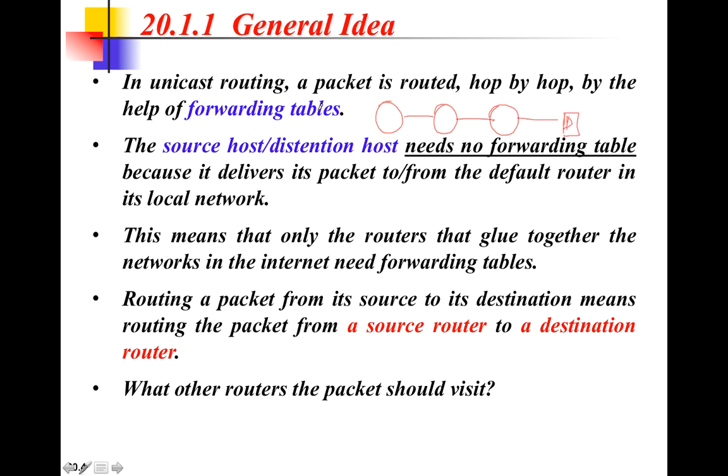Every router will have forwarding tables inside it that will tell us what is the next hop the packet should take. We saw this already. The source host and destination host need no forwarding table because they are inside the same local network and they have the same default router.